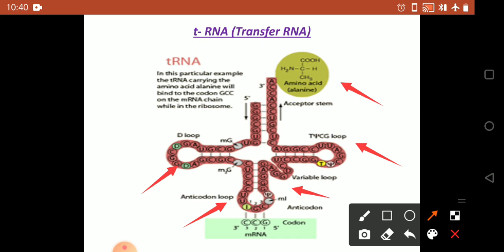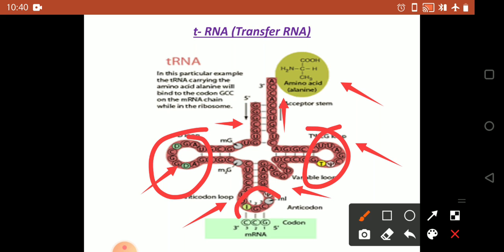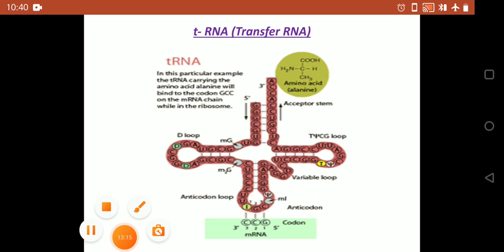As you can see, the stem regions are paired by these nitrogenous bases, but when you see the loops, they are unpaired. Here also unpaired, here also unpaired. So loops are unpaired.